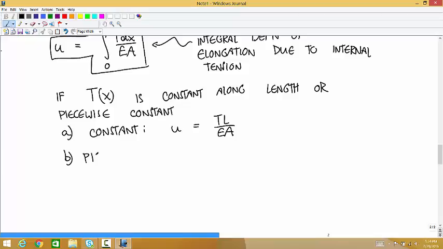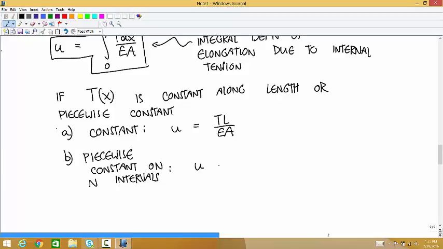If it's piecewise constant on n intervals, so say this beam is broken up into n intervals, each one of those intervals has a constant internal tension.